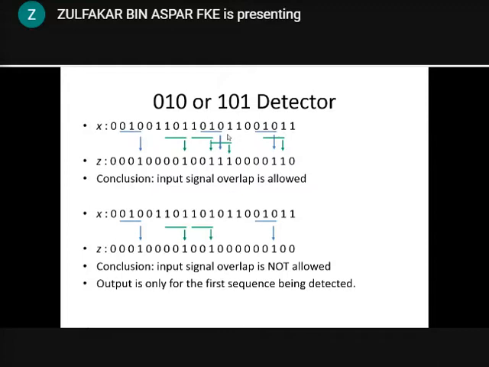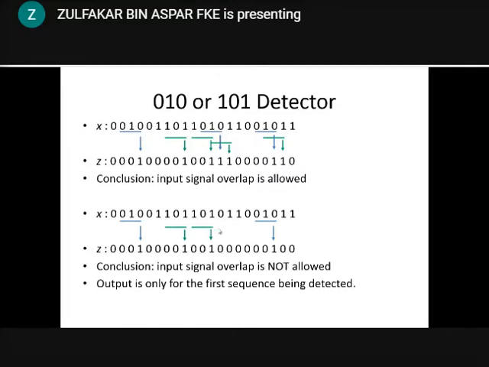But if signal overlap is not allowed, you see the middle input sequence, which is 010, is not counted here.